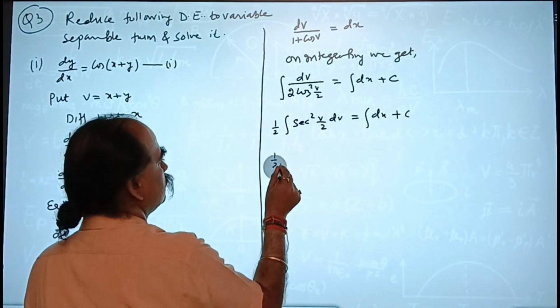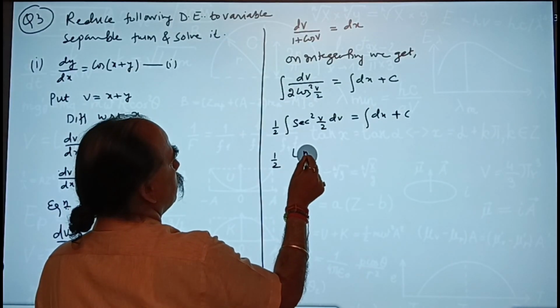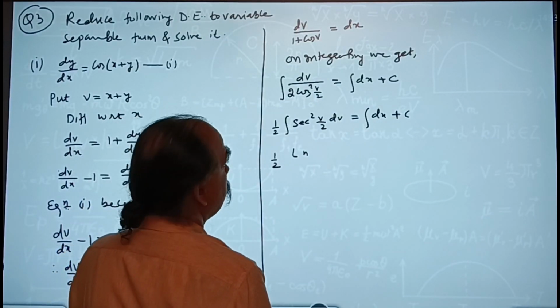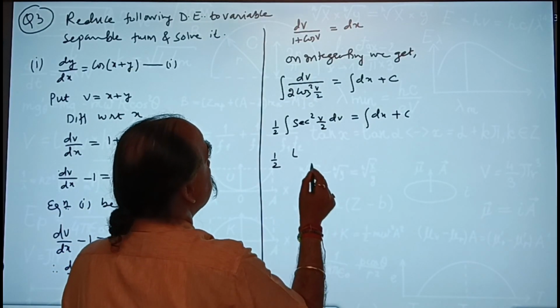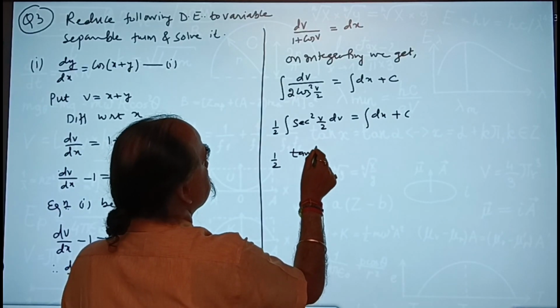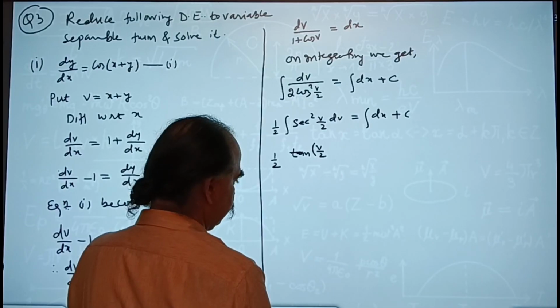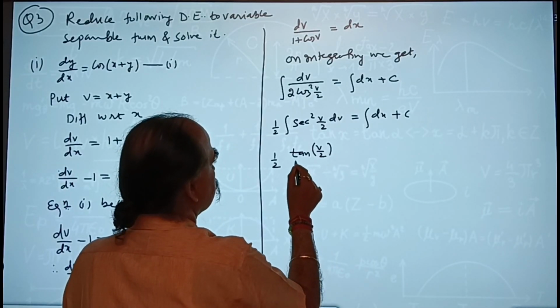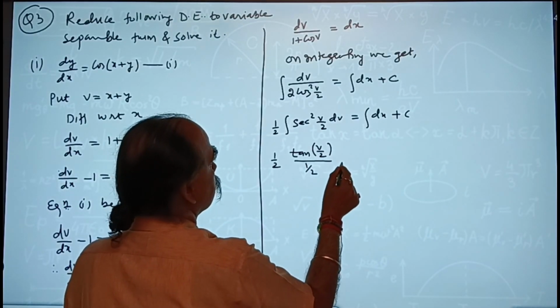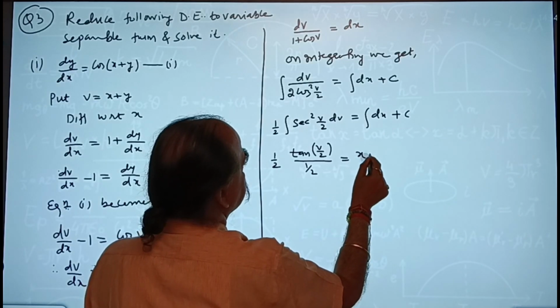So 1 upon 2 tan v by 2 divided by coefficient of v is equal to x plus c.